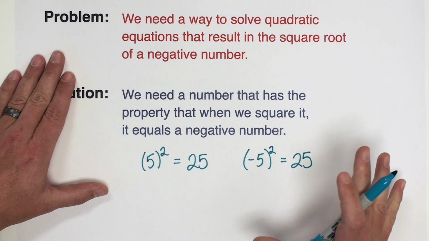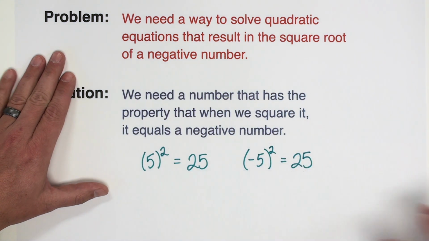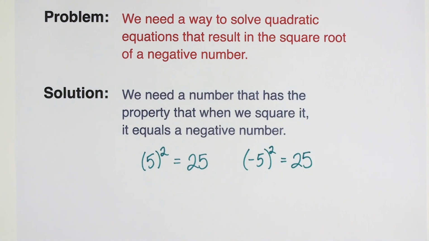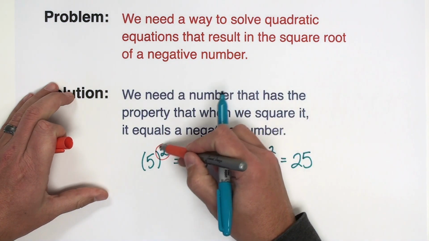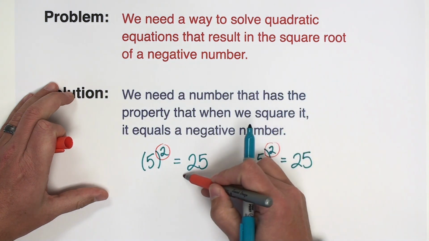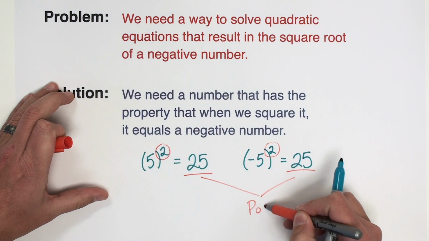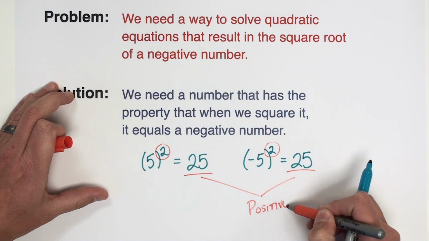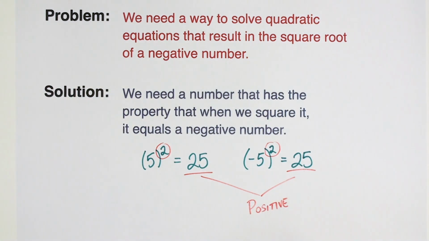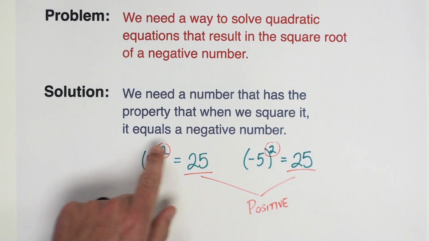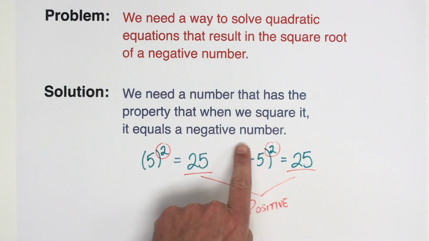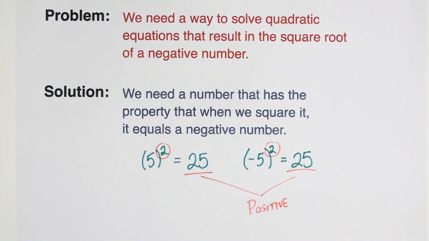So right now, every single number that we pick in our current system of numbers, if I square that number, the result is always positive. So we need a number that when we square it, the answer is going to be a negative number. That's what we need to come up with.